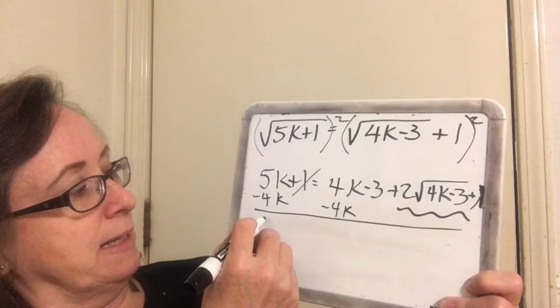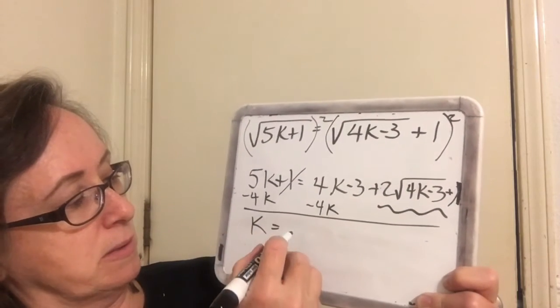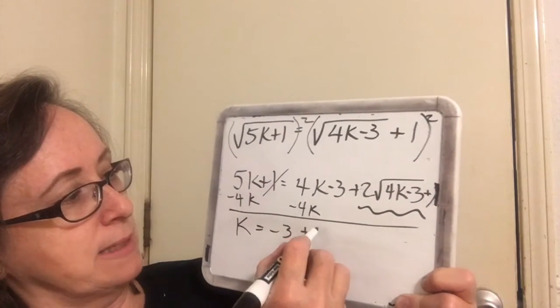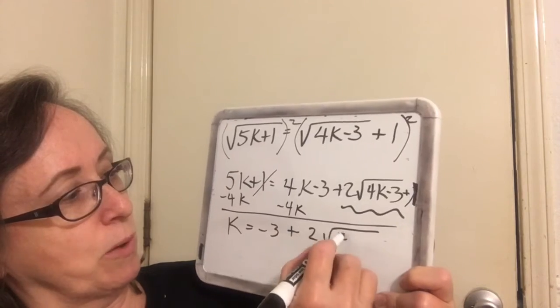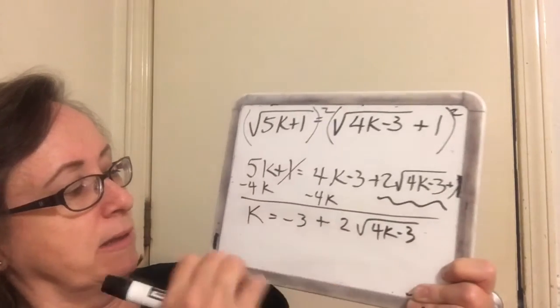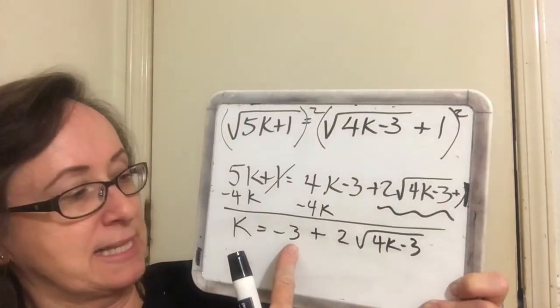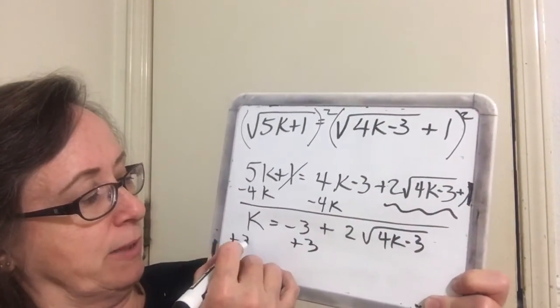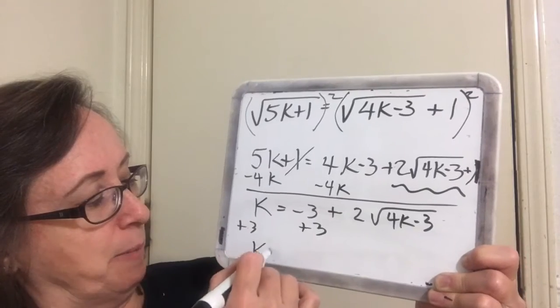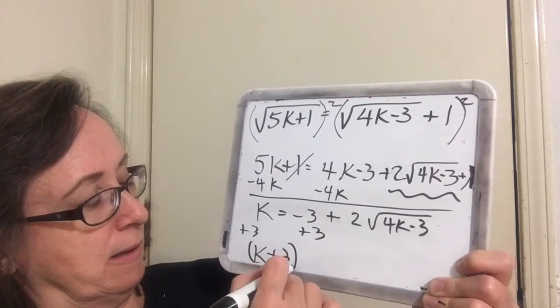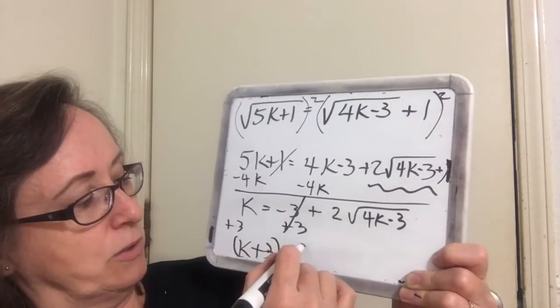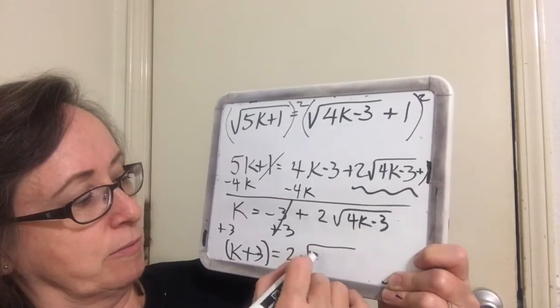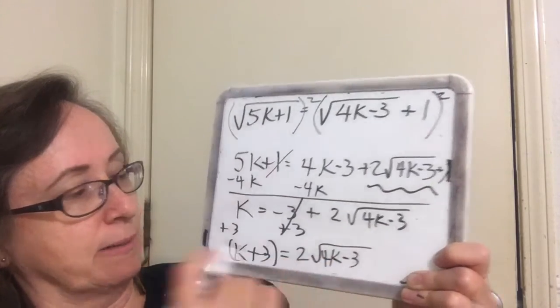So now I've got k equals negative 3 plus 2 square root of 4k minus 3. But I really want this negative 3 on the other side, so I'm going to add a 3 and add a 3 over here. So now I get k plus 3 equals 2 square root of 4k minus 3.